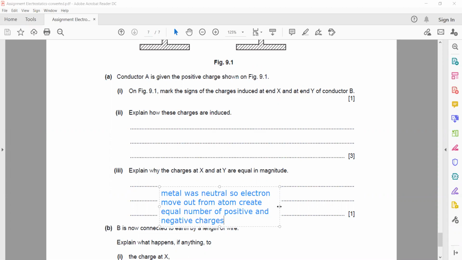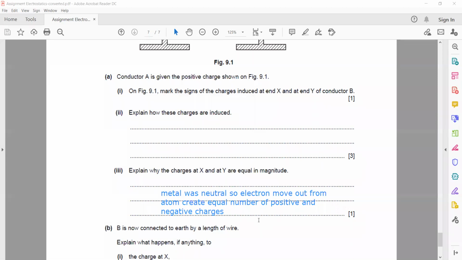Is it clear? Because the metal was neutral originally, when the electrons move out from an atom, it creates an equal number of charges. If one electron comes out, there will be one negative charge and one positive, so overall it will remain neutral.